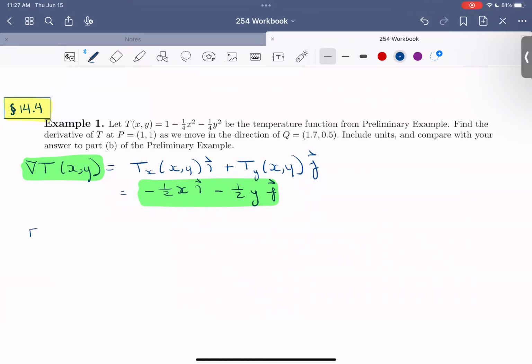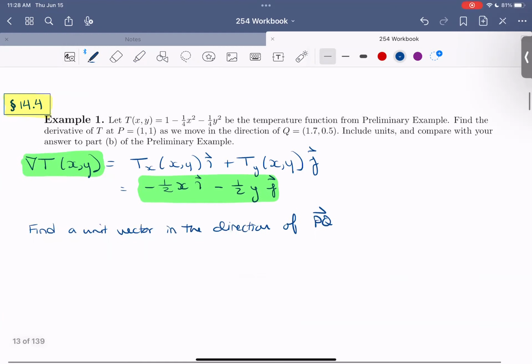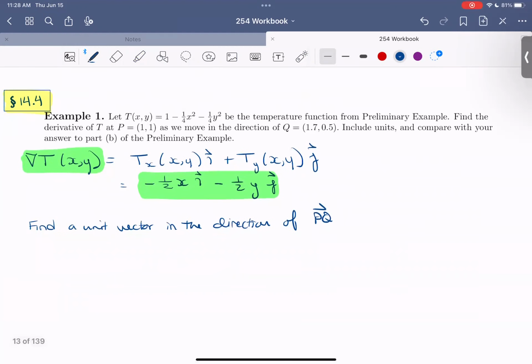So I'm going to write that out. Now we need to find a unit vector in the direction of PQ. I'm just going to draw out points P and Q a little bit. Here P, we're going to label (1, 1).